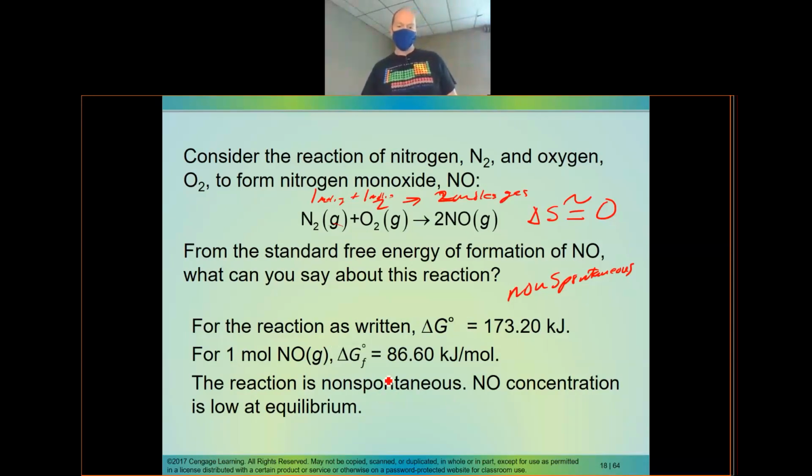That's what it's saying here. This is non-spontaneous. We know that because we have a positive delta G that's more than 10 kilojoules. And so the NO concentration is not going to the right. It is not forming any NO. And so your NO concentration is an extremely small number when you are at equilibrium.